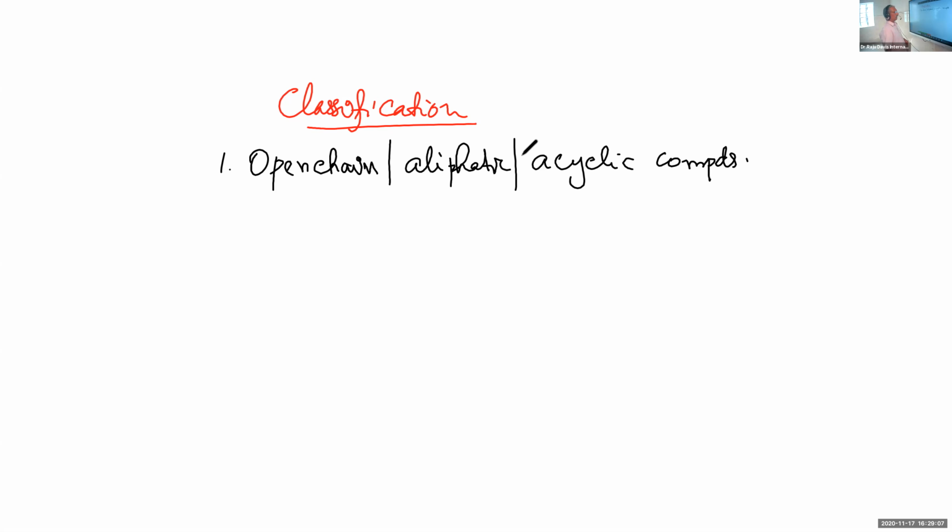So what are the properties of the open chain compounds? As it is given open chain, there is a chain of carbon atoms in which there is no ring formation. That is an open chain structure. It may be a straight chain, or there may be branching also.